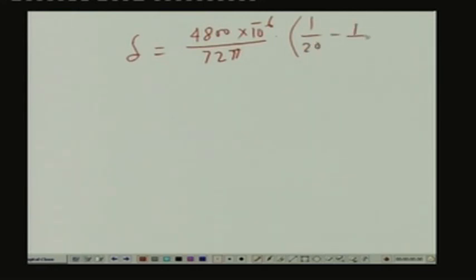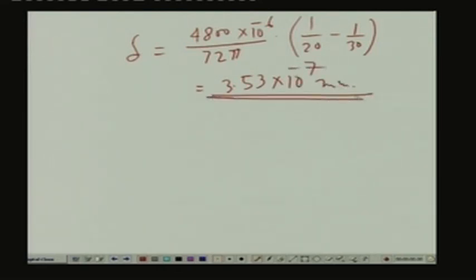Eventually, if we compute the whole thing, delta is equal to 4800 into 10 to the power minus 6 divided by 72 pi into (1 by 20 minus 1 by 30), and this is equal to 3.53 into 10 to the power minus 7.